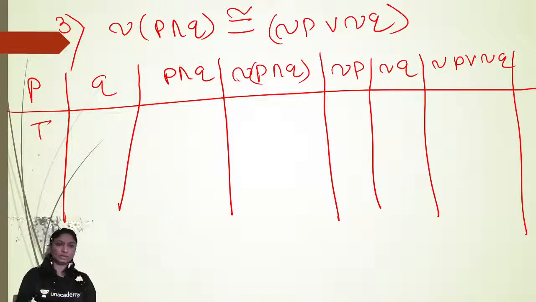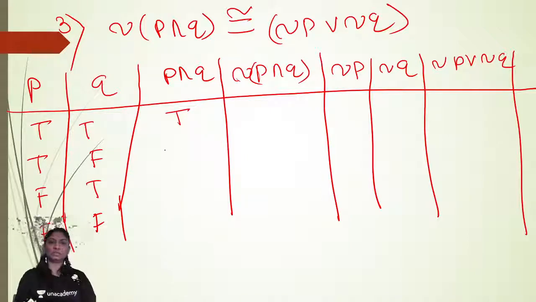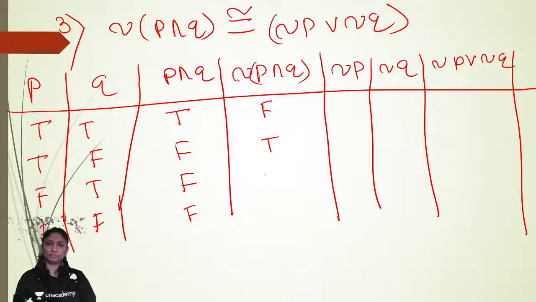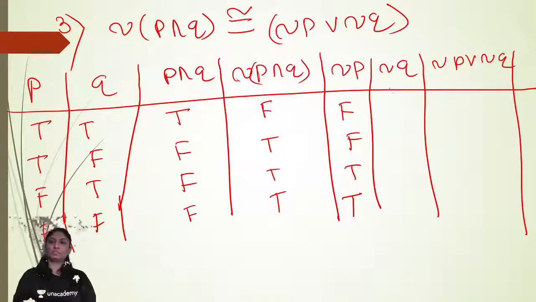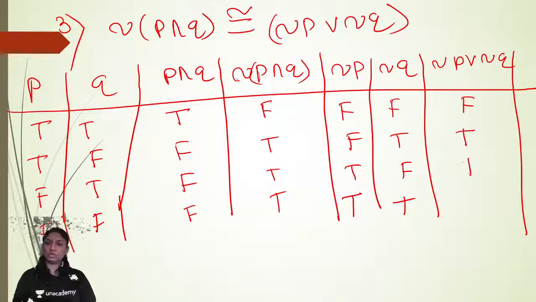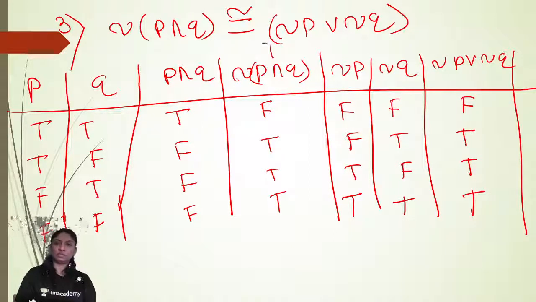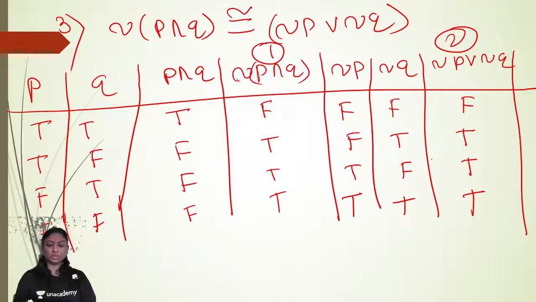So here T, T, F, F, T, F, T, F. P and Q: both are true, then true, T, F, F, F. Negation of P and Q: F, T, T, T. Negation of P: F, F, T, T. Negation of Q: F, T, F, T. Negation of P or negation of Q: F, T, T, T. Now if you observe, from 1 and 2, both the truth tables are the same.